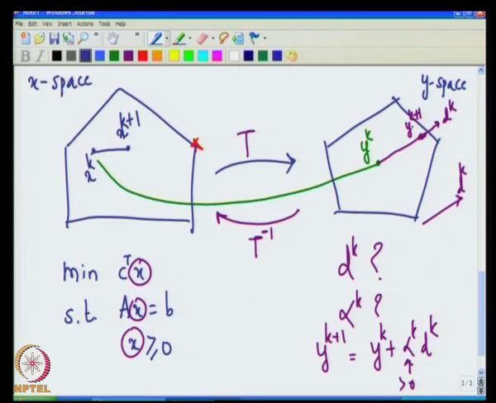That point will be different from this, because now we have used a different T based on the current value of x k plus 1, and this procedure is repeated. So, finally, we may get a path in the input space which could be something like this, and finally, we will go close to the solution. So, this was the idea proposed by Karmarkar in his projective scaling algorithm.